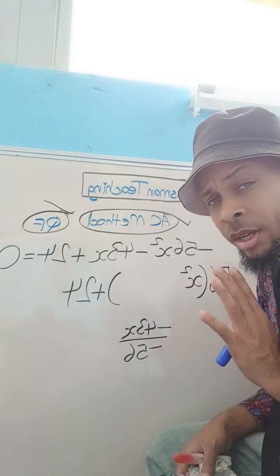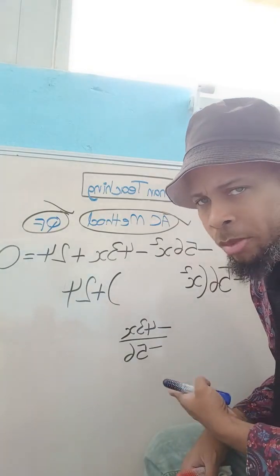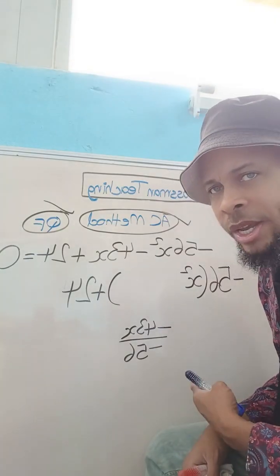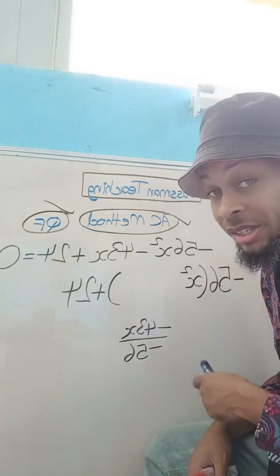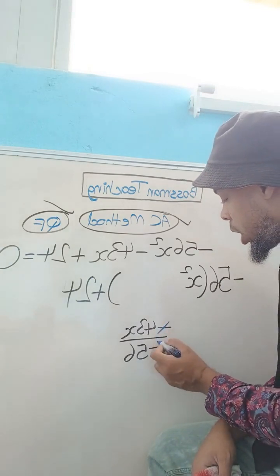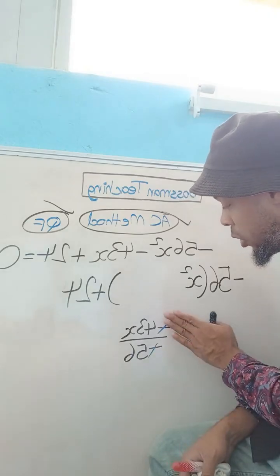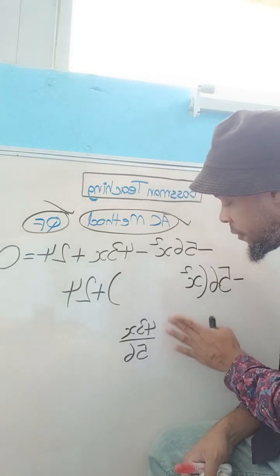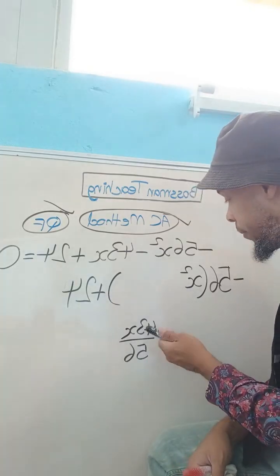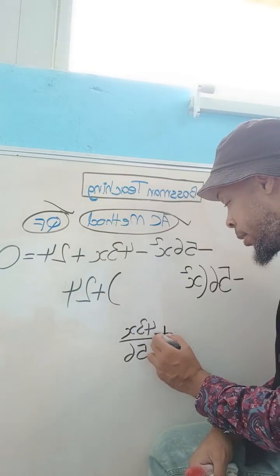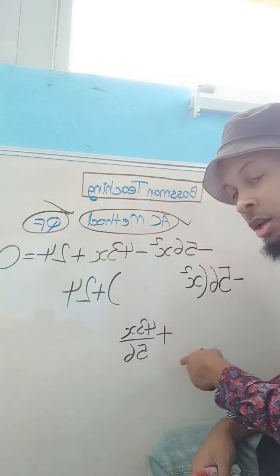Here's the beauty of it all. 43 is a prime number, so there's no breaking that down. 43 is divisible by 43 and 1, so 43 over 56 is as simple as it gets. You divide a minus by a minus, it becomes positive. Therefore, the next term is, just to be sure, put that sign in front of it. So it's going to be a positive 43x over 56.